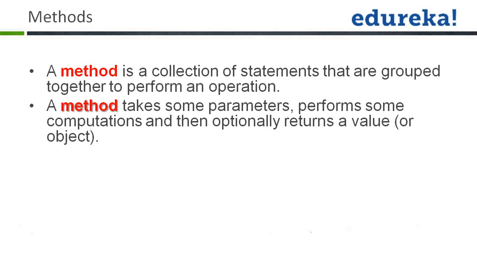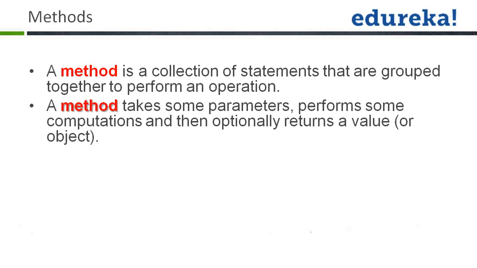So we can define a method with the name add, which takes two numbers as inputs and returns the sum of the two numbers. Whenever we need the sum, we'll just call the method, pass the two numbers and get the result instead of putting the entire logic in. So it provides modularity to your program. It removes the redundant code. You won't be writing the method or the function again and again.